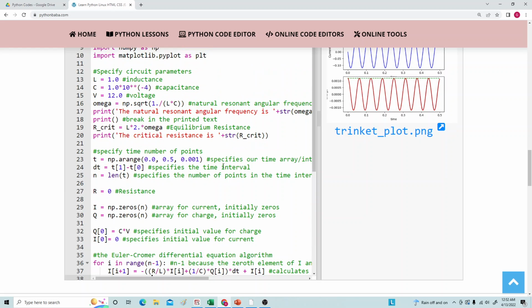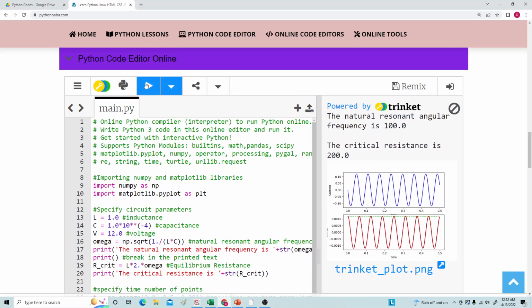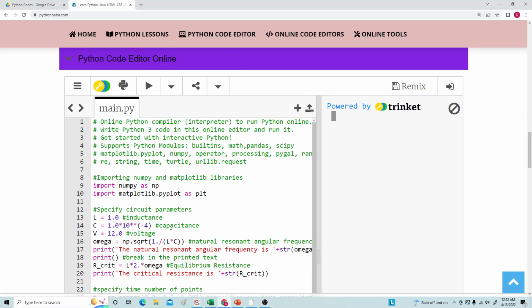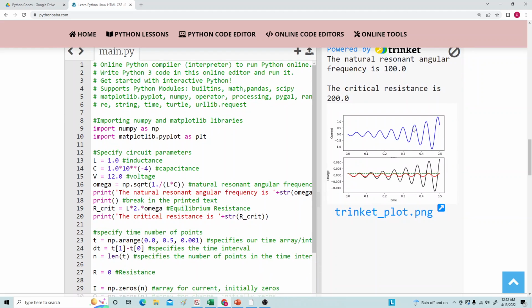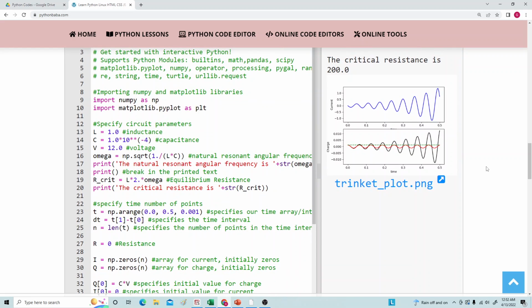And so if I run this code, you can see instabilities grow rather rapidly. And this is a consequence of the Euler method. It is a very good method when you have a one-dimensional differential equation.